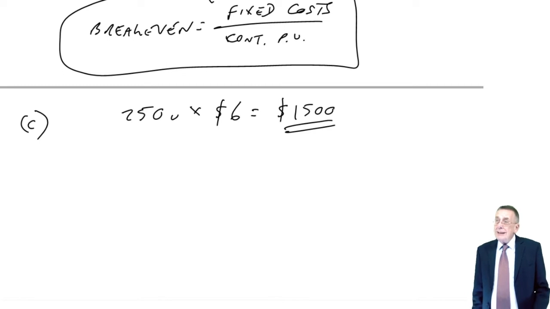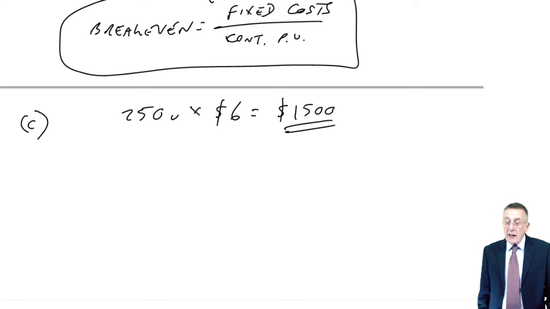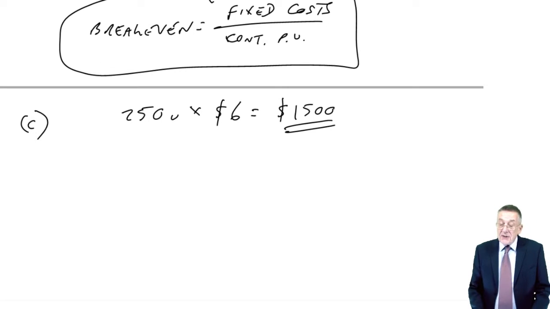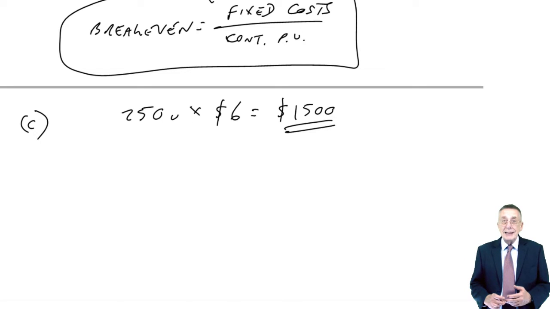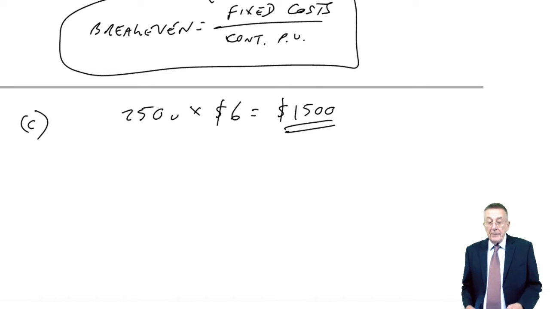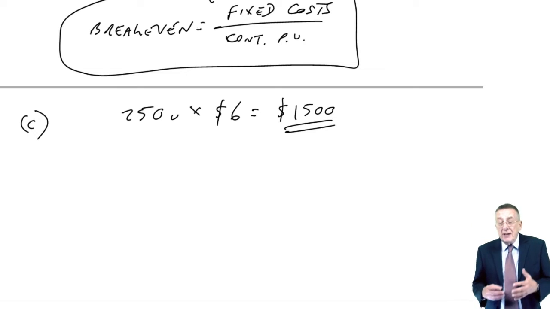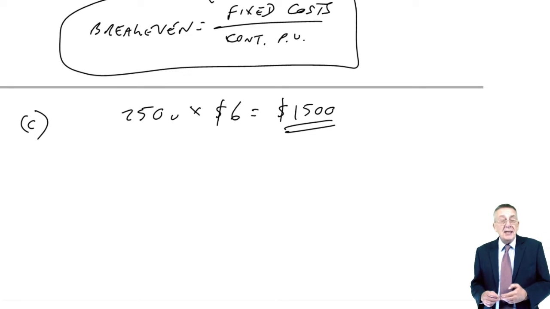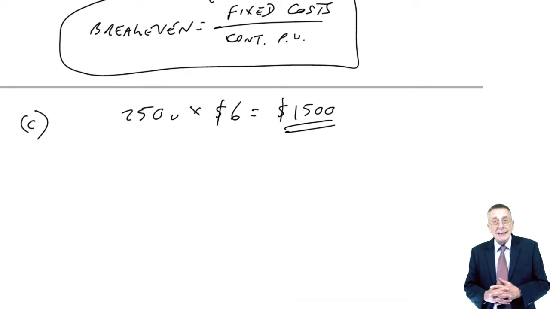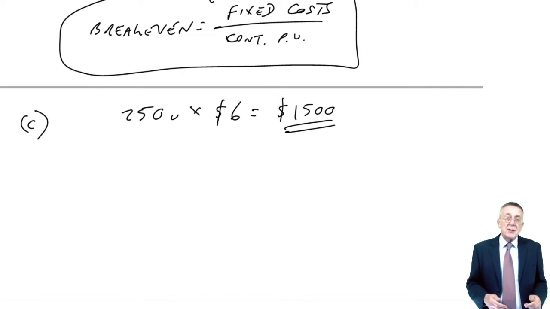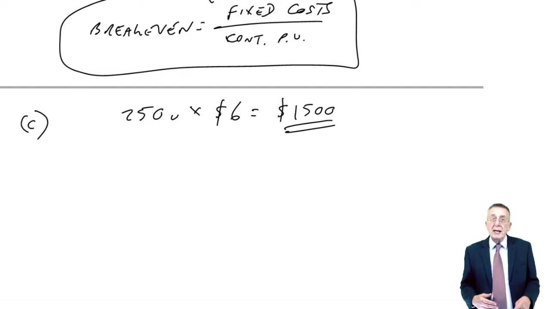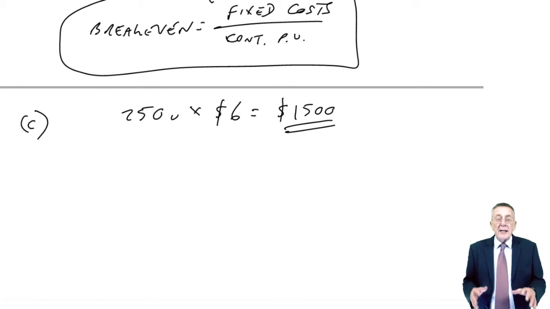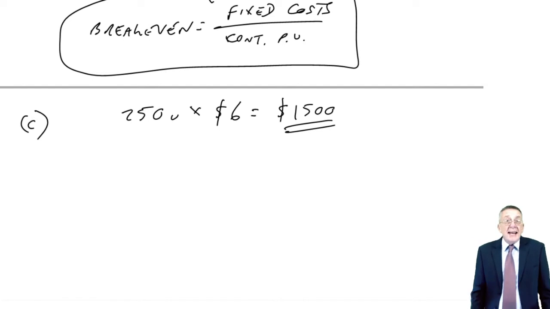But if it's lower, well, as long as we still make a profit, I'm okay. I certainly don't want to make a loss. Well, we need to sell at least 250 to be making a profit. Or, very often instead, we just look at revenue and say, well, we need to be earning revenue of 1,500 to be making a profit. And if we thought there was any risk of it being less than 250 or 1,500, we might consider whether it was actually worthwhile taking the risk.